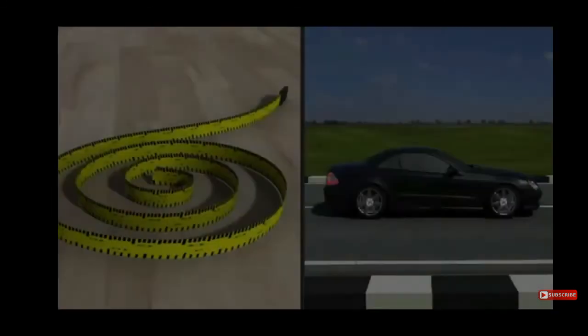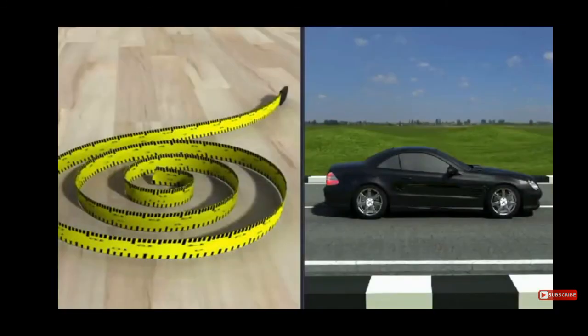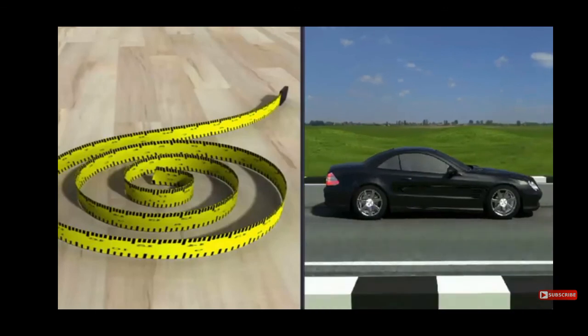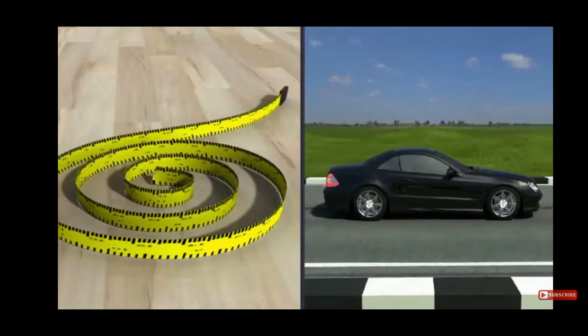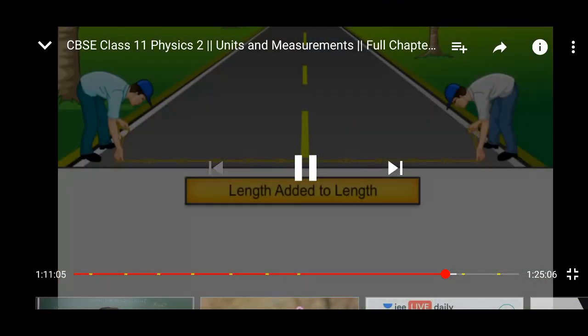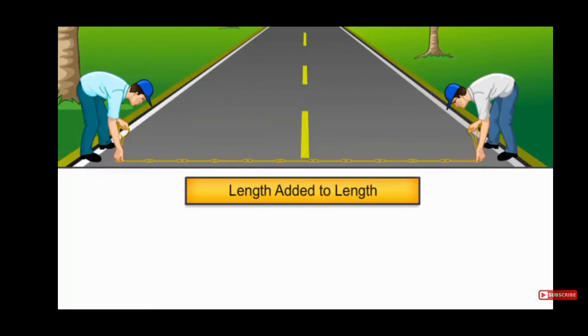But we may encounter situations where we need to add or subtract different terms involving base quantities. It is very important to know that when we write L + L, as shown, we mean length added to length.